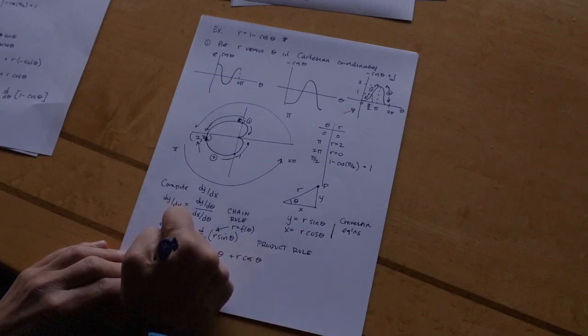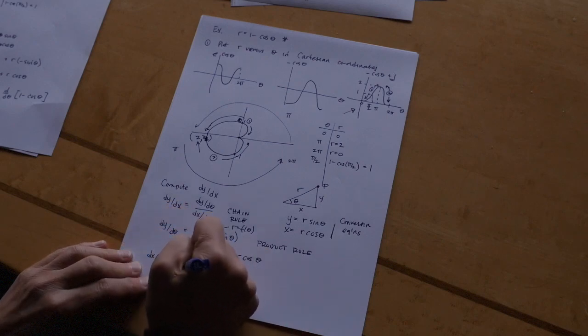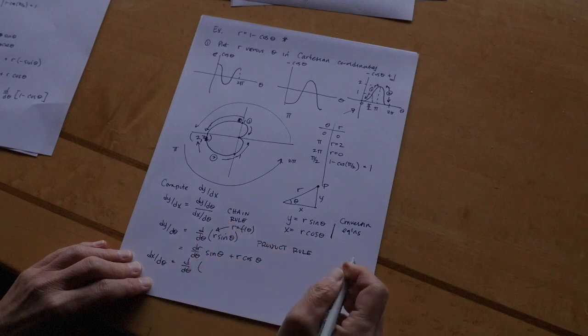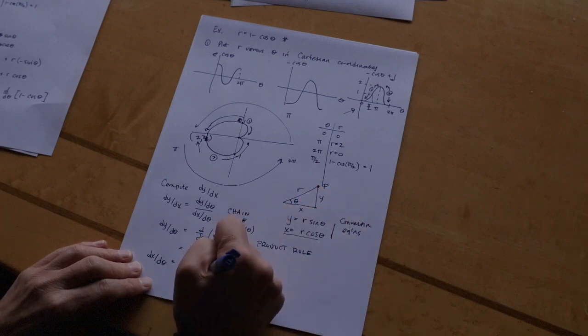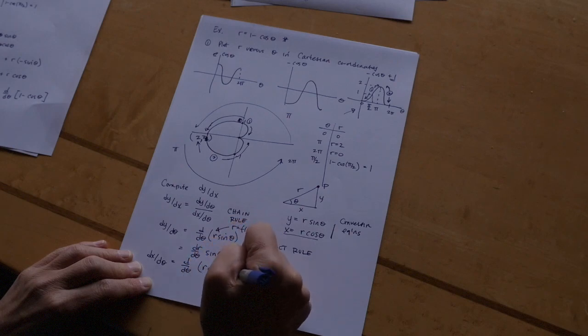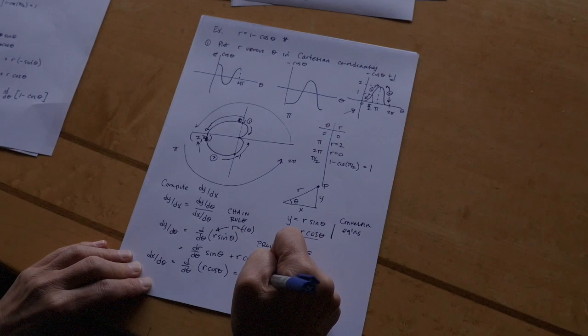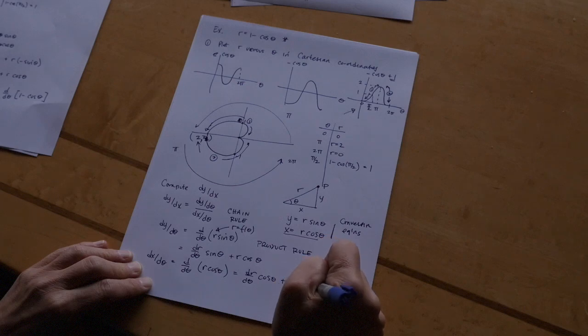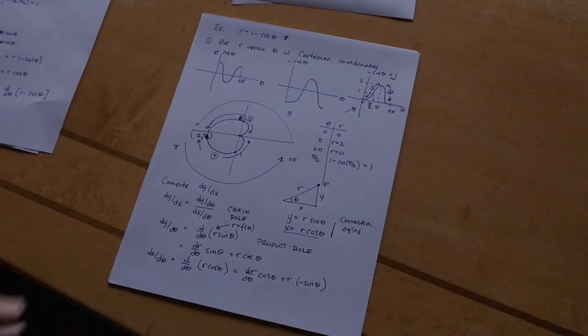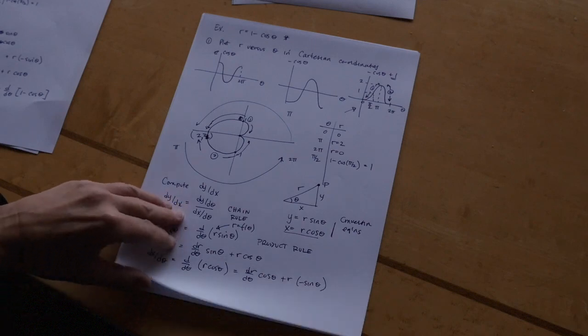Similarly, dx by d theta is d by d theta of x, which is r cos theta. That is going to be dr by d theta times cos theta plus r times the derivative of cos theta, which is minus sine theta. Then I get that big equation that we've already seen for dy by dx.